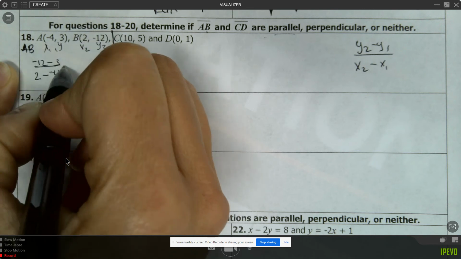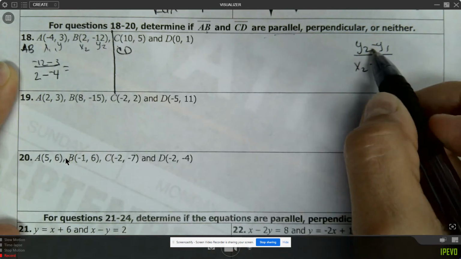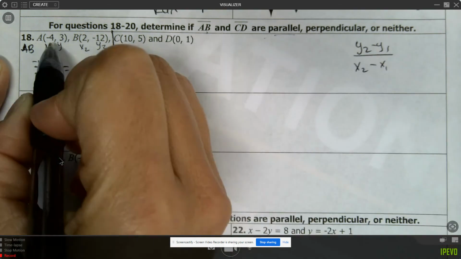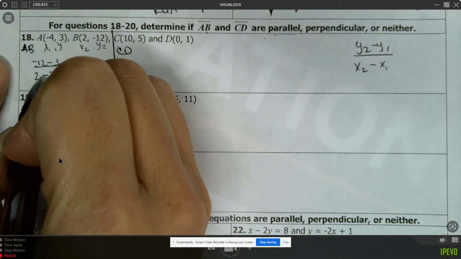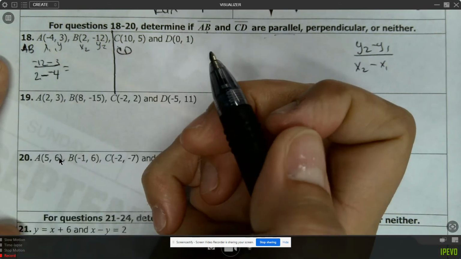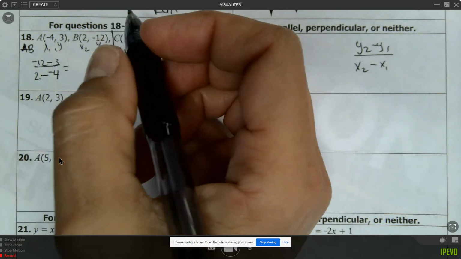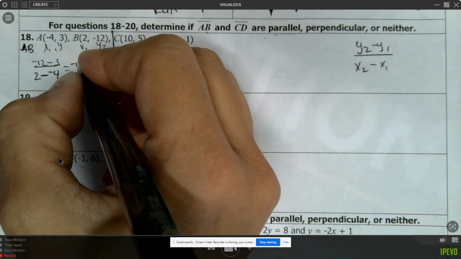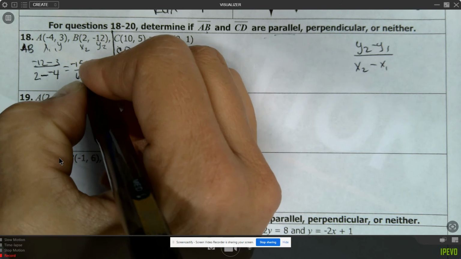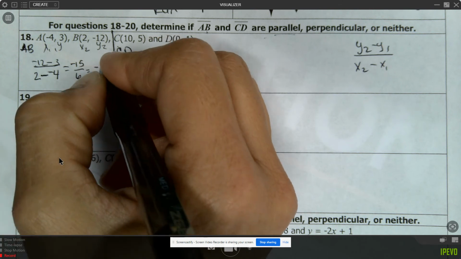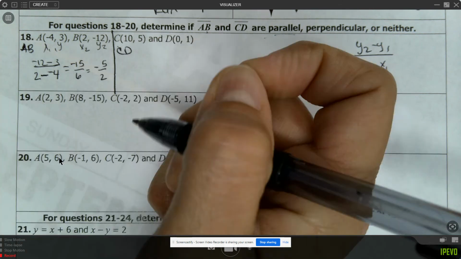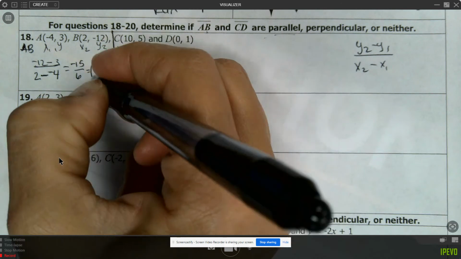Notice that I have a subtraction in the problem, and I have a negative in the number. If you have a subtraction and a negative, you do have to put both of those. Now you want to grab a calculator and do the math. So this is a negative 15 over 6, and that will reduce to a negative 5 over 2. All right, so this is the slope of AB.